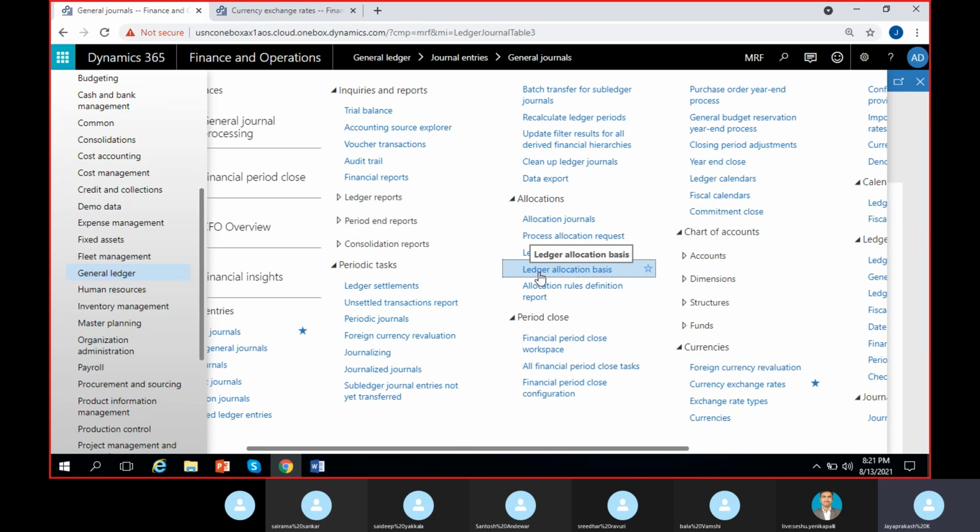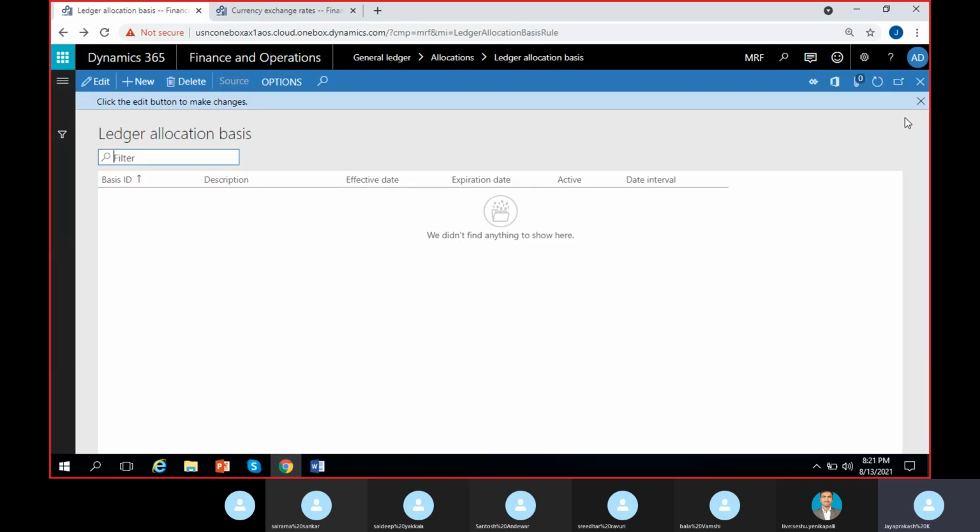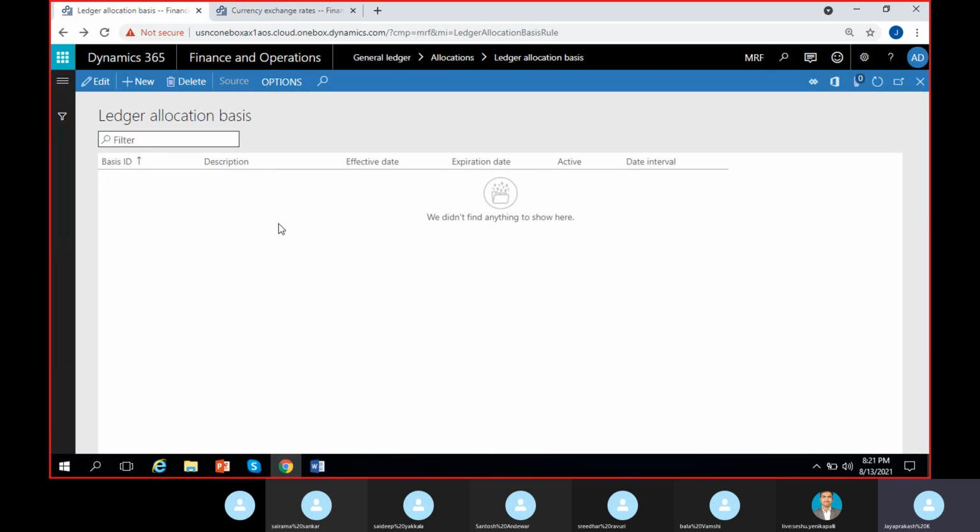I'll click here. Before I do anything, we have discussed basis and I explained the basis method. In the 2 entries that I have posted, what is the basis account? Revenue account. Yes, the revenue account is the basis account.